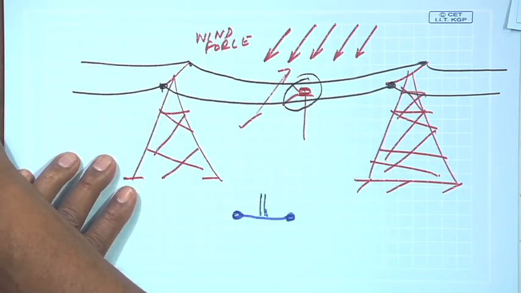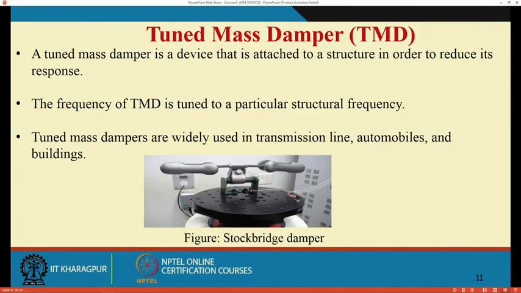Now, if you look here, this is a stock bridge damper, sometimes known as a moose damper. It looks like the horns of a moose. So, there is a mass here, a mass here, a mass here, a mass here. Each one of them, and you can see an electrical cable here, and this is actually put onto the main conductor, at one of these posts.